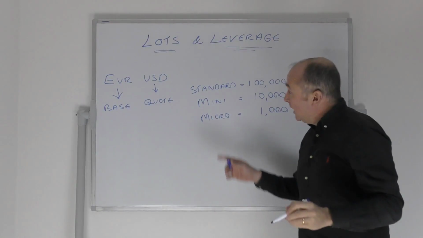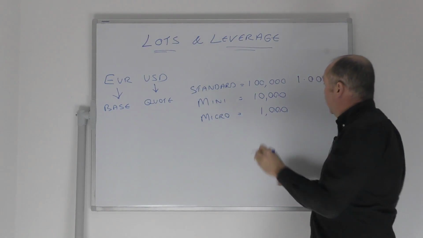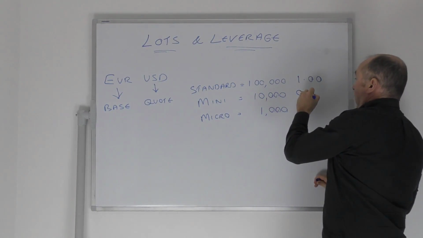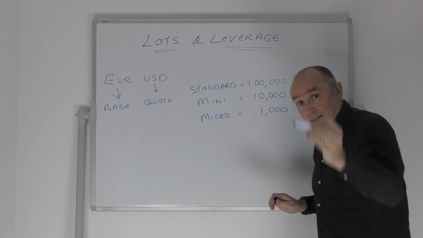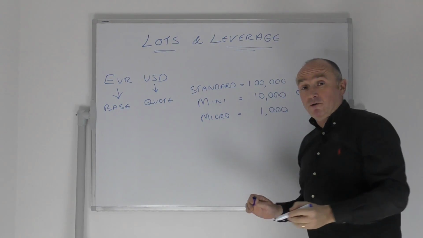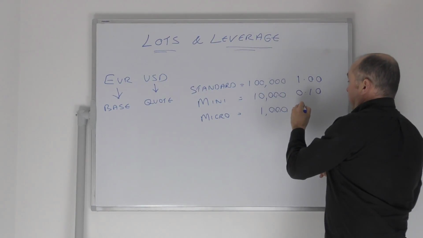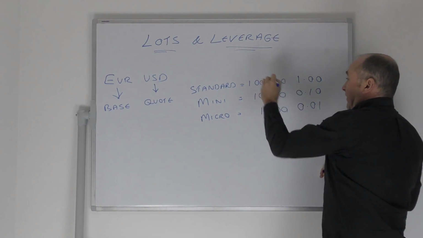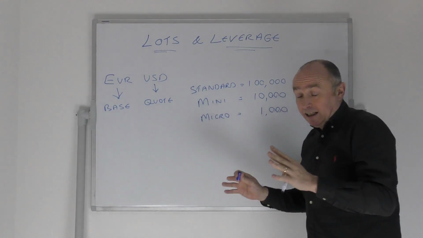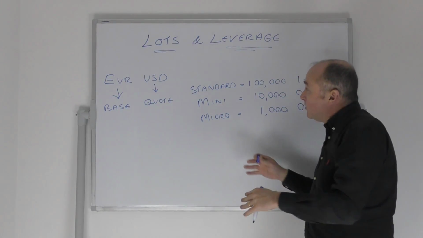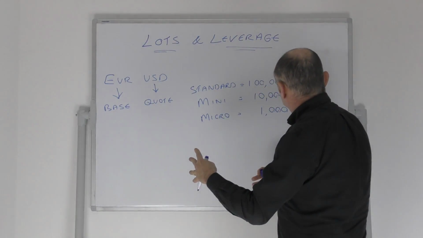If we're trading a mini lot, we'd be trading 0.10. And if we go down smaller, we're trading a micro lot, we'll be trading 0.01 of a standard lot. So we're always referencing the size of the trade in terms of a standard lot.